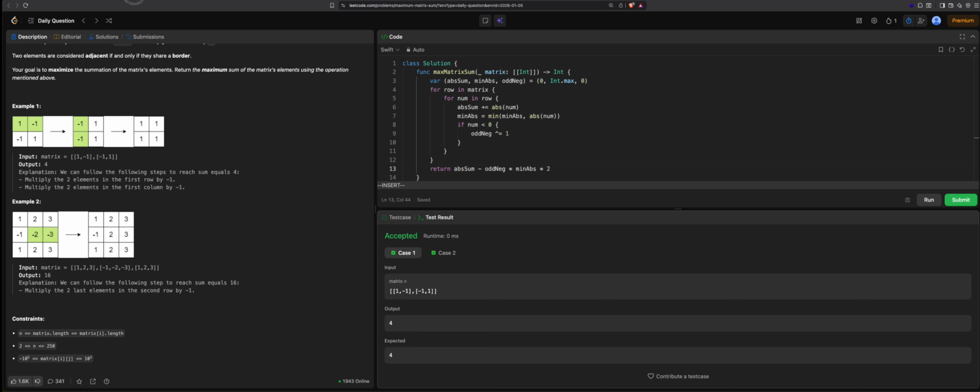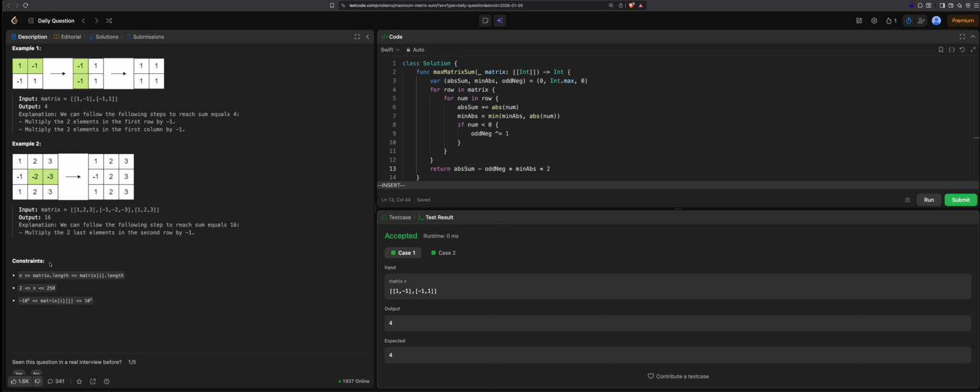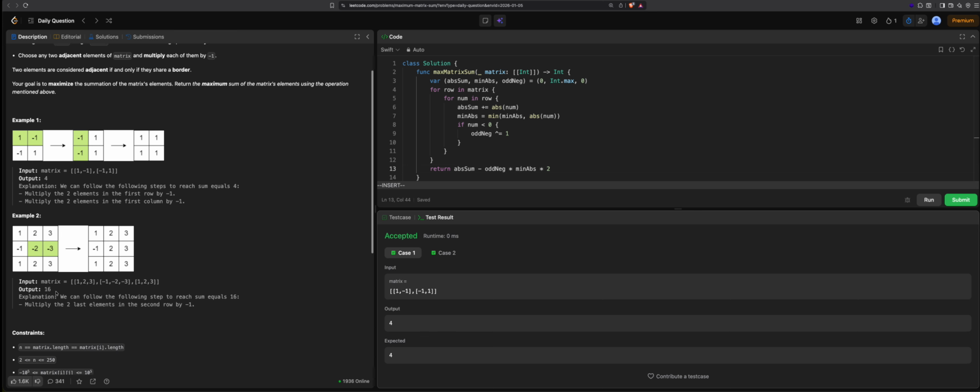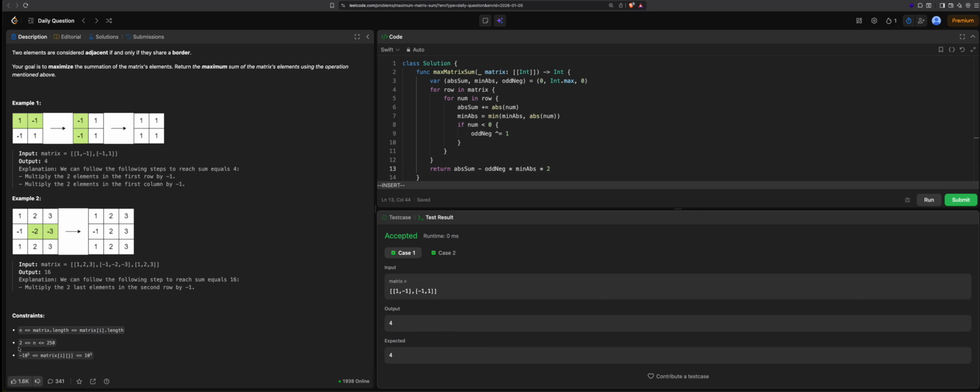Before we understand this, we need to check the possible range, which is between negative 10 to the power 5 and positive 10 to the power 5.